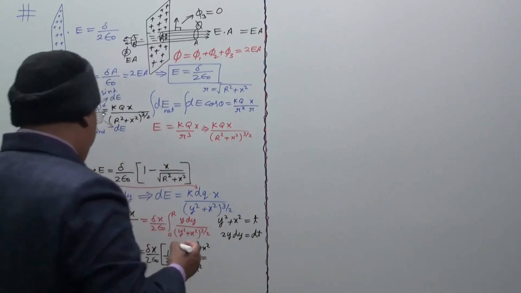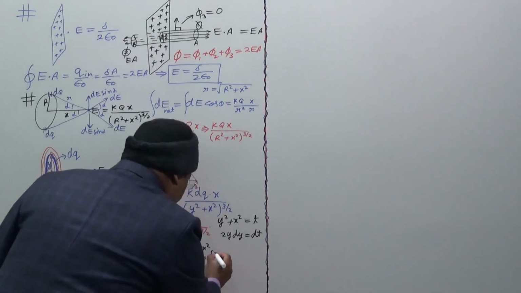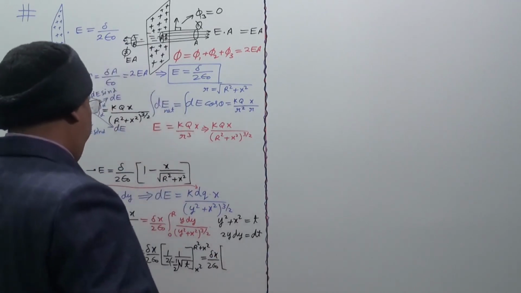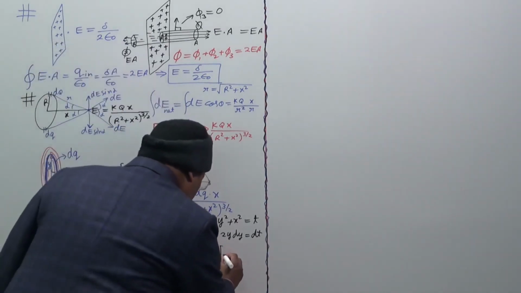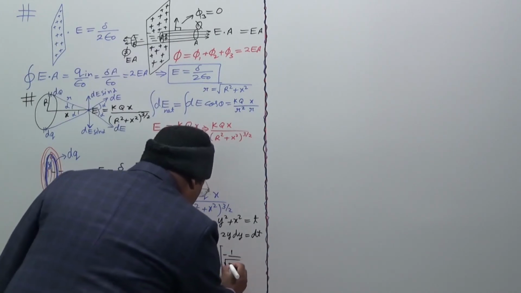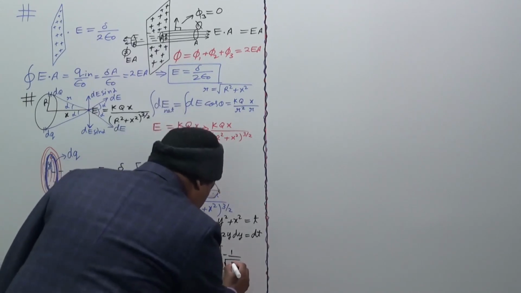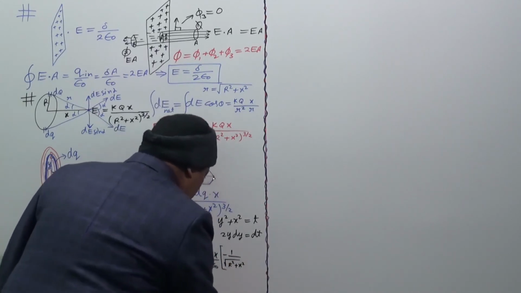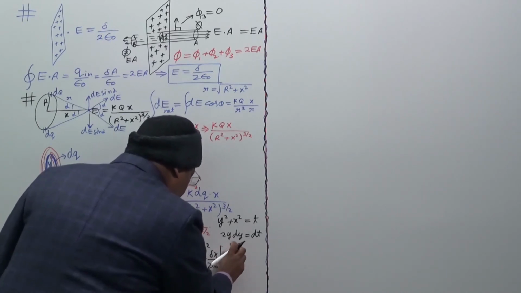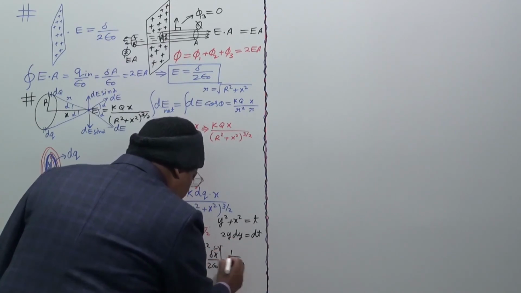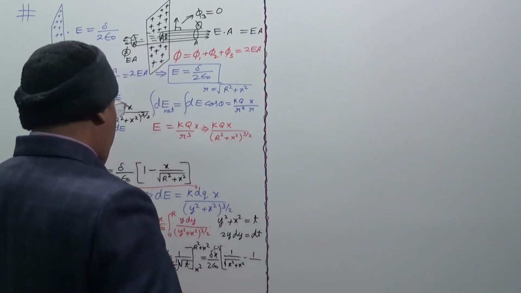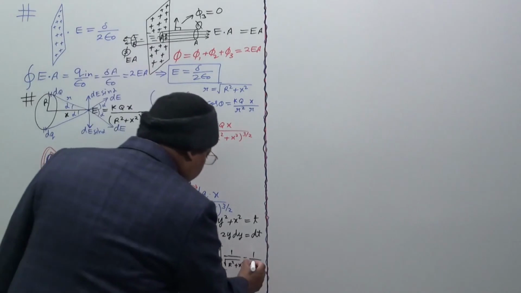So this can be written as small sigma x upon 2 epsilon naught in bracket, minus 1 by root r square plus x square. Take this minus as common, minus 1 by, for x square, it will become x.